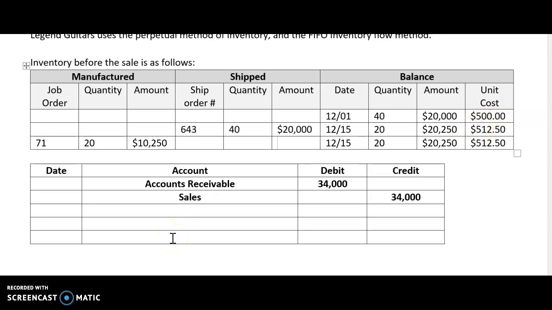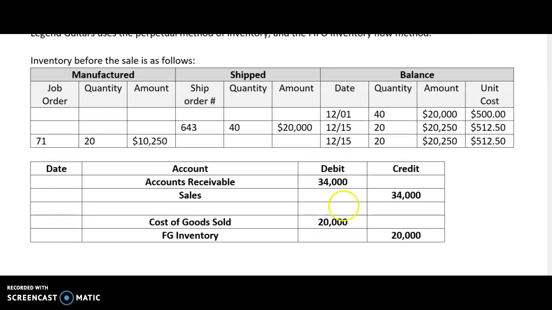So 40 times 500 would be $20,000. So I would debit cost of goods sold for $20,000. That's not how much I sold it for, but how much it cost, sitting in inventory. And then I need to credit finished goods inventory for $20,000.